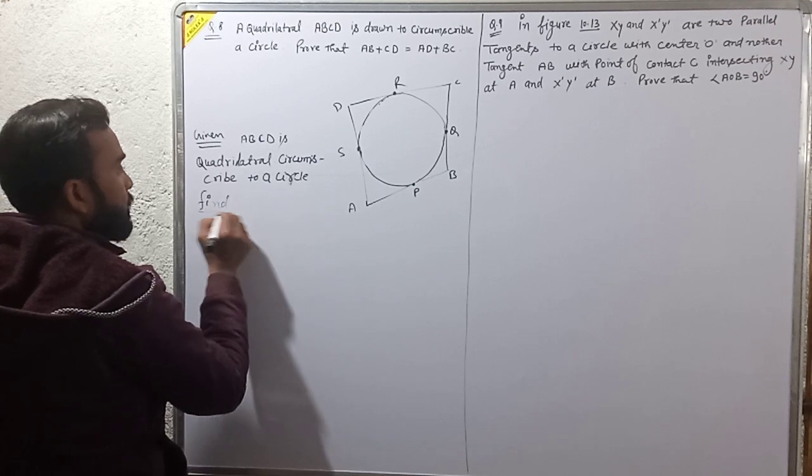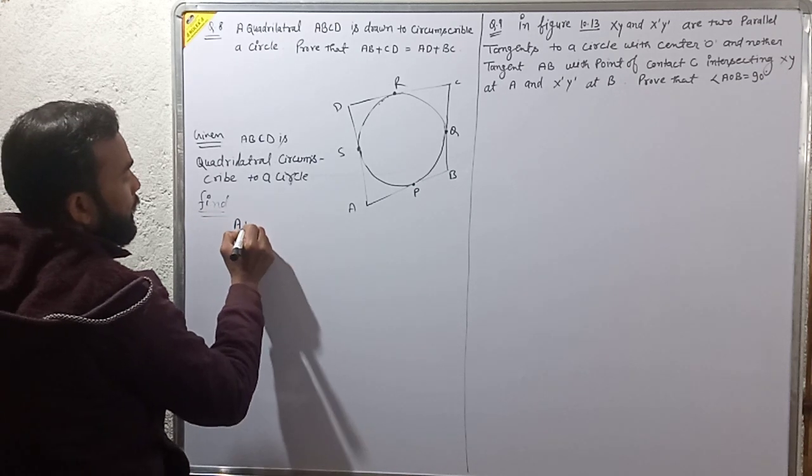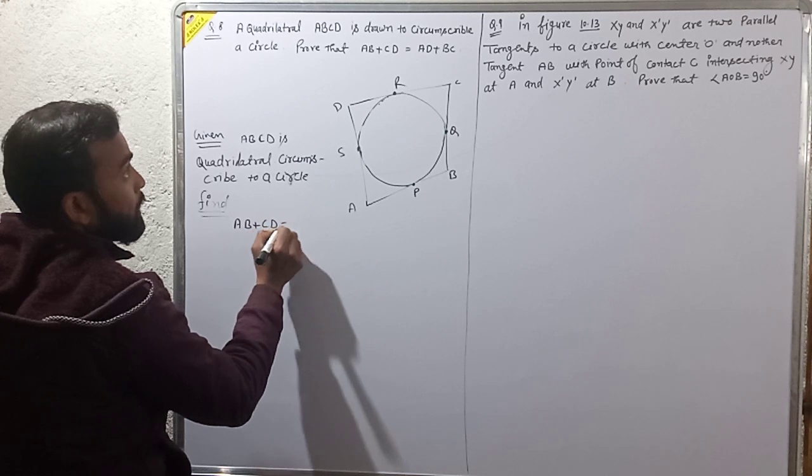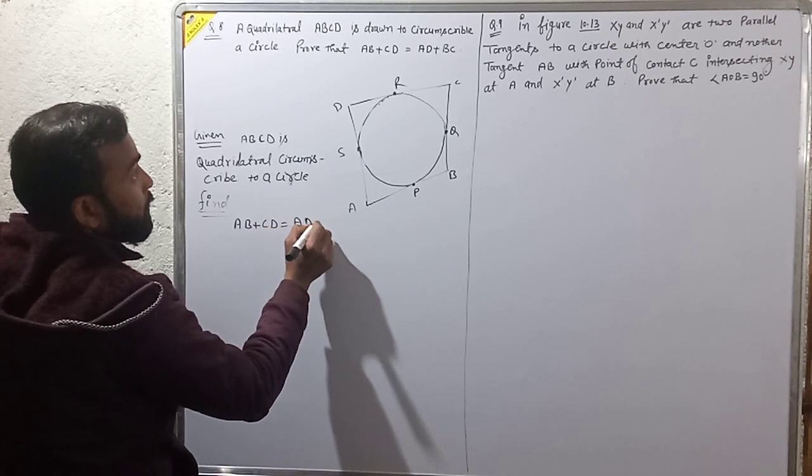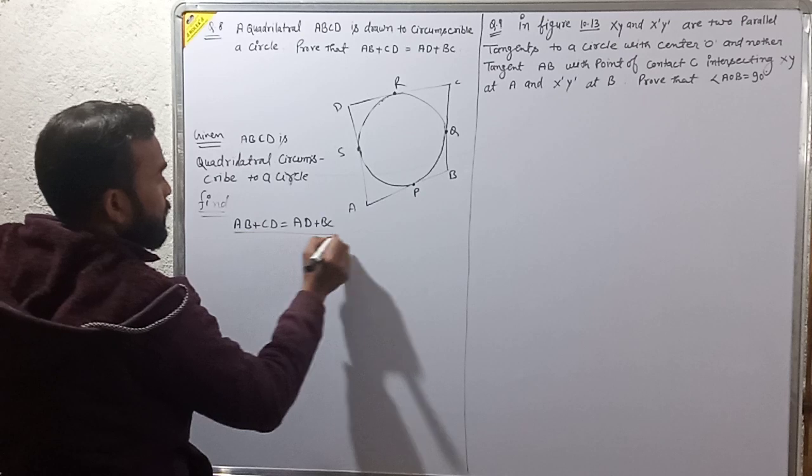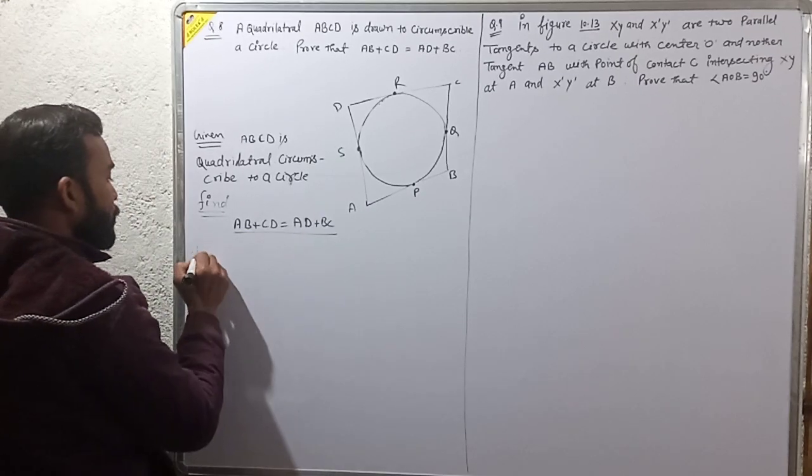Find: AB plus CD is equal to AD plus BC. Clear? Proof.